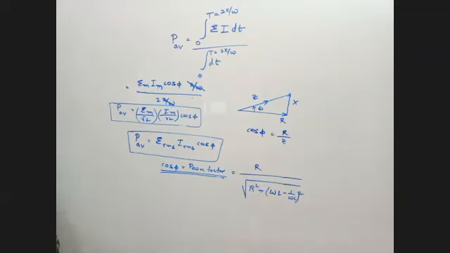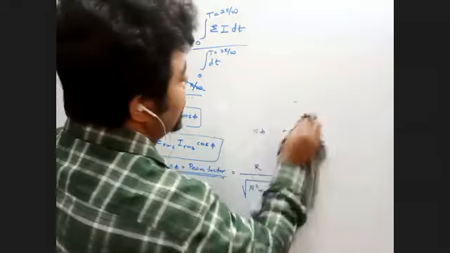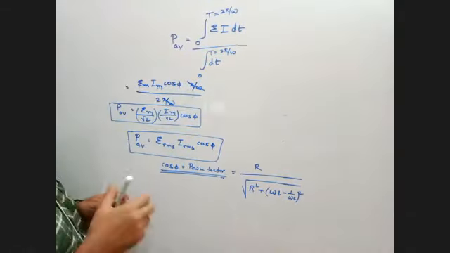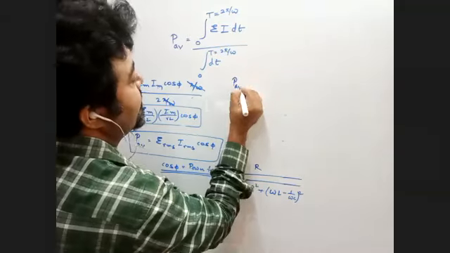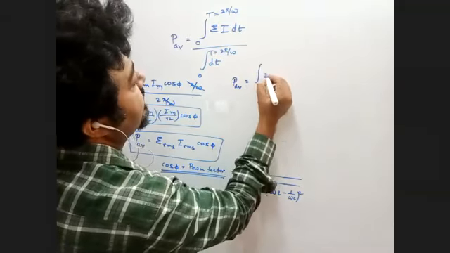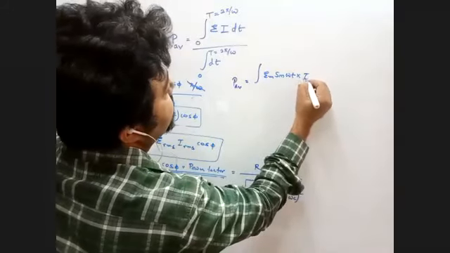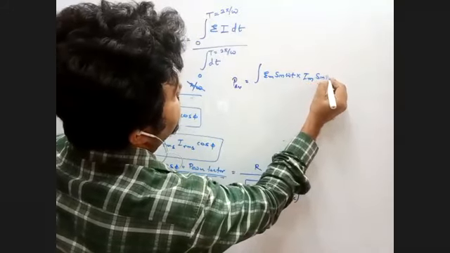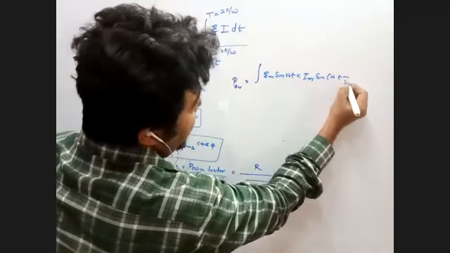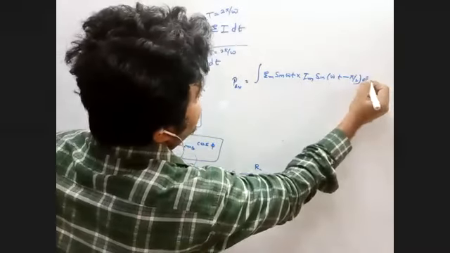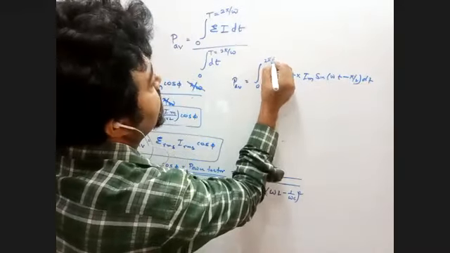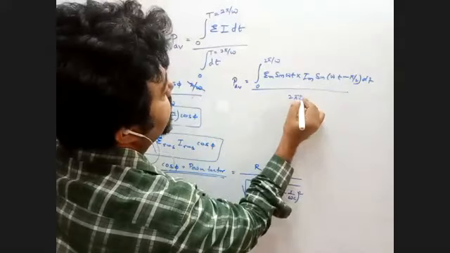Suppose we are using a pure inductor, so you can use this formula also. It's very simple. P average is the integral of Em sin omega t into Im sin (omega t minus 90 degree) dt, from 0 to 2 pi by omega, divided by 2 pi by omega.